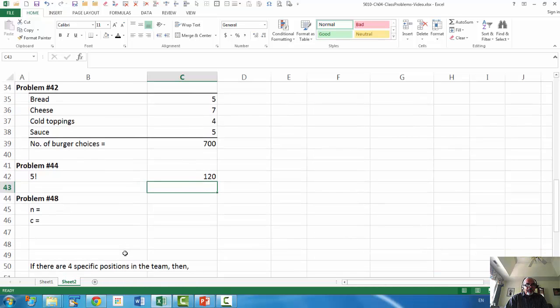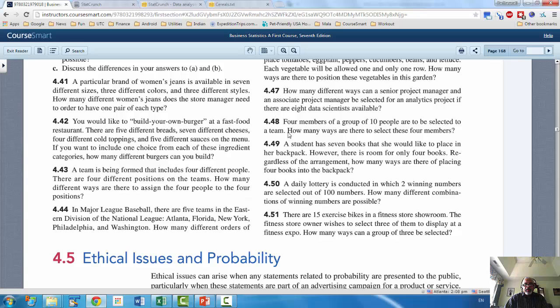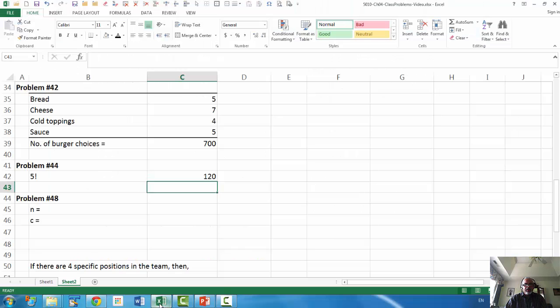Now problem number 48. 4 members of a group of 10 are to be selected for a team. How many ways are there to select these 4 members? So you want to select 4 out of 10. It doesn't matter, there is no position for these 4 people. It's just the group membership, that's all. So n is 10, C is 4.